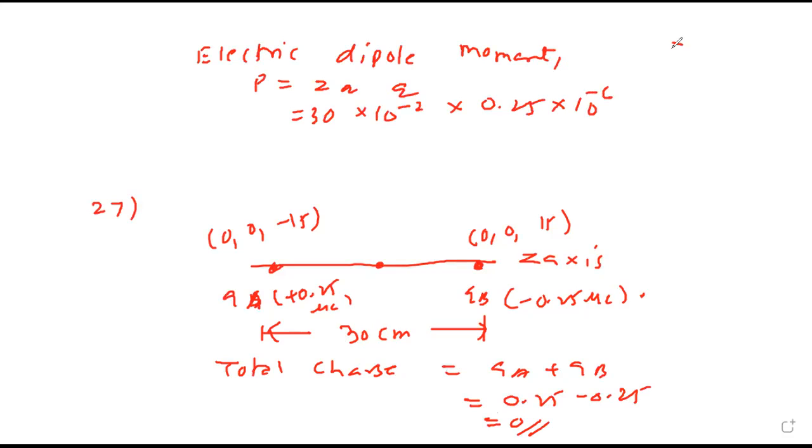That means this will become 30 into 0.25. 25 into 3 is 75. Then with the two-digit decimal, 7.5 into 10 raised to minus 8 coulomb meter. Right. Along the z axis.